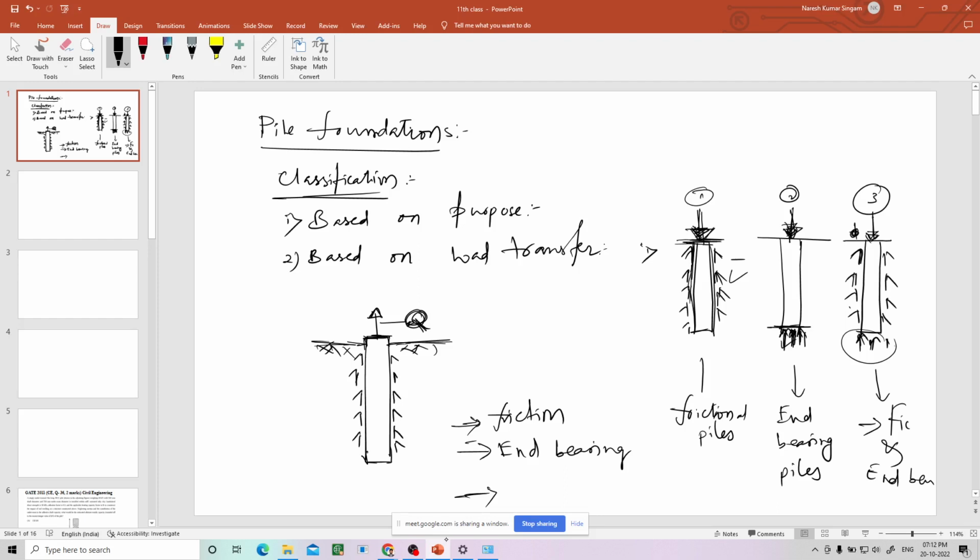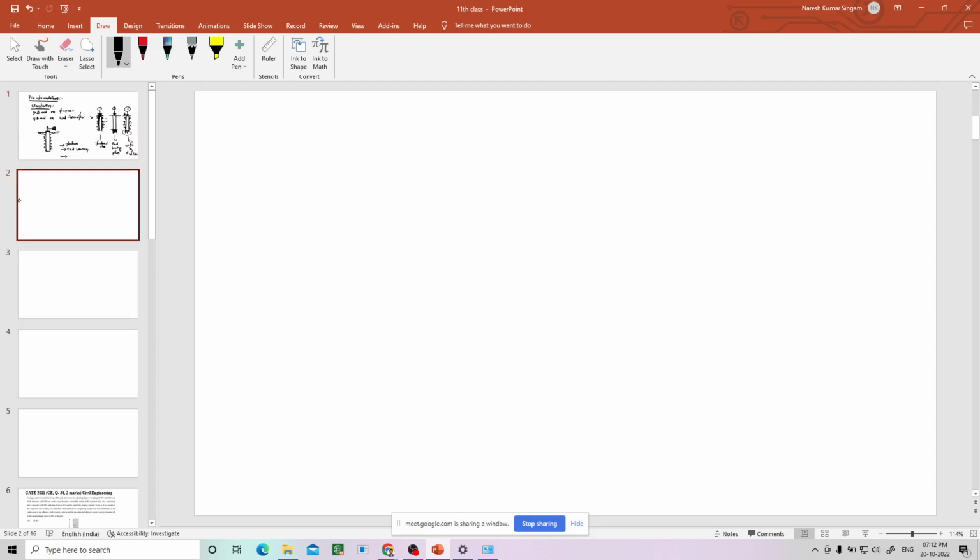So now this is all about the classification based on the load transfer. And there are other things, based on the method of construction of piles.